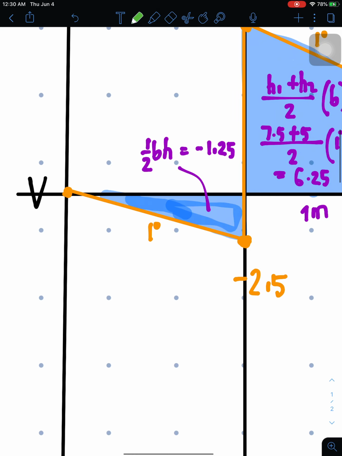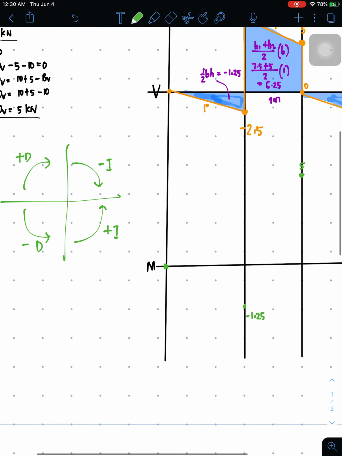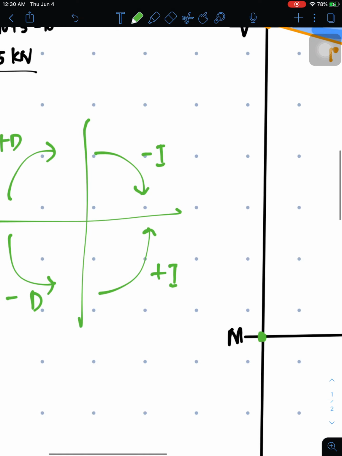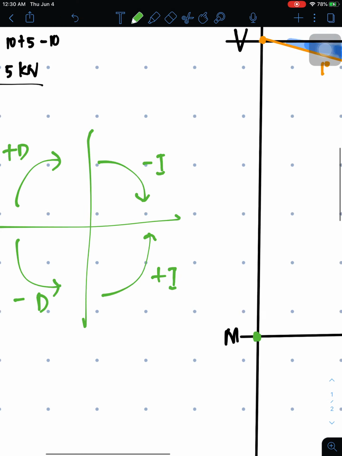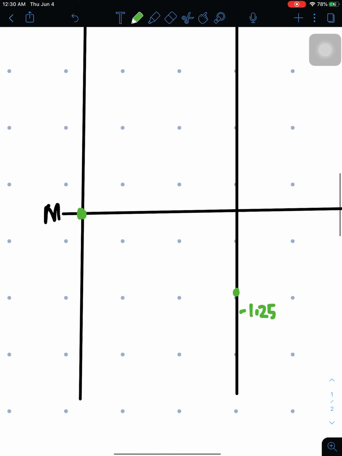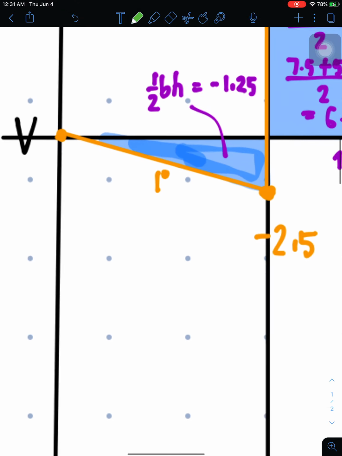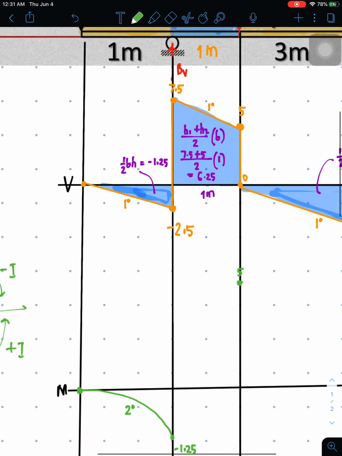It's negative increasing. So this is how to plot a negative increasing. And the value here of the curve is second degree.